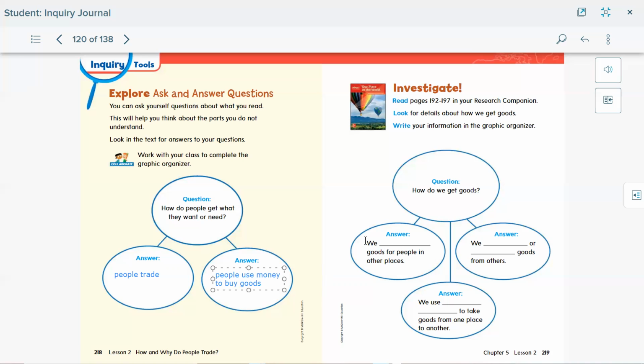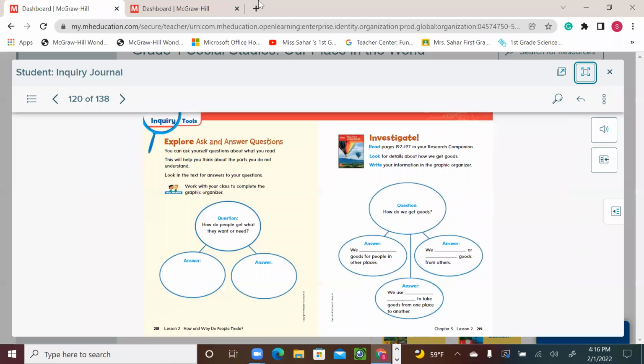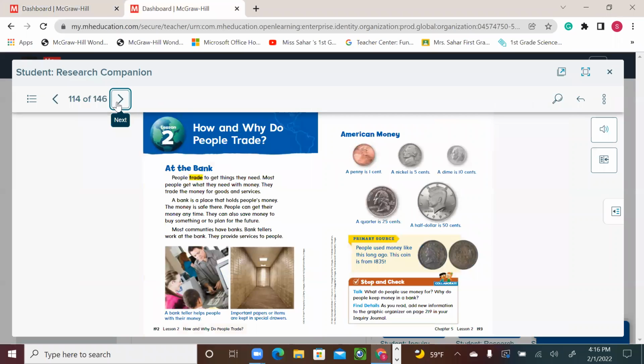So the answer would be: we blank goods for people in other places. Then we have: we blank goods from others. And then we have: we use blank to take goods from one place to another. So we need to find the answer for this question. All right. So let's go to our book and read.